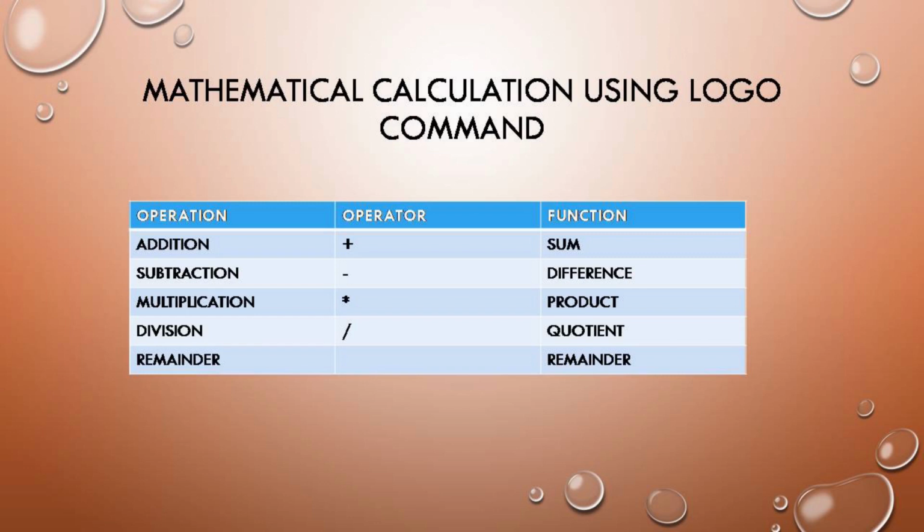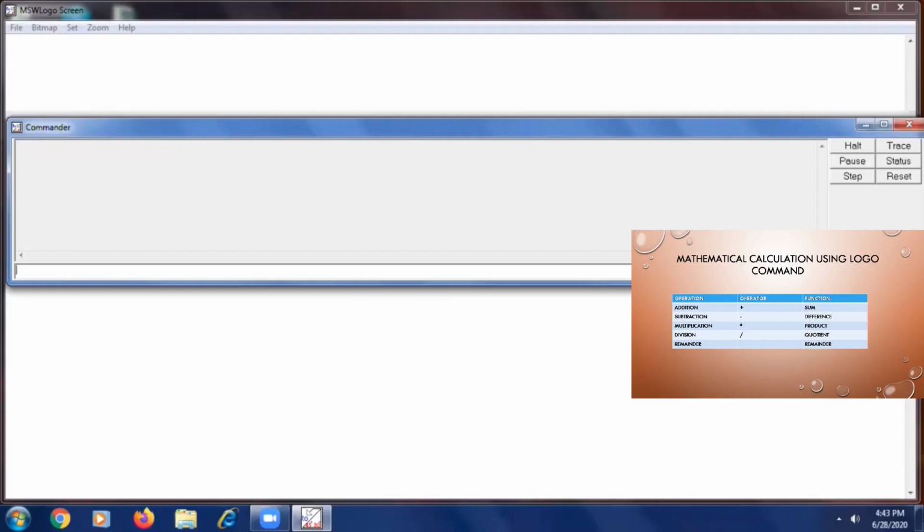How? We will see like this. Class 10. Now we have a few mathematical calculations. We have 4 operators, isn't it? Plus, minus, division, and multiplication.